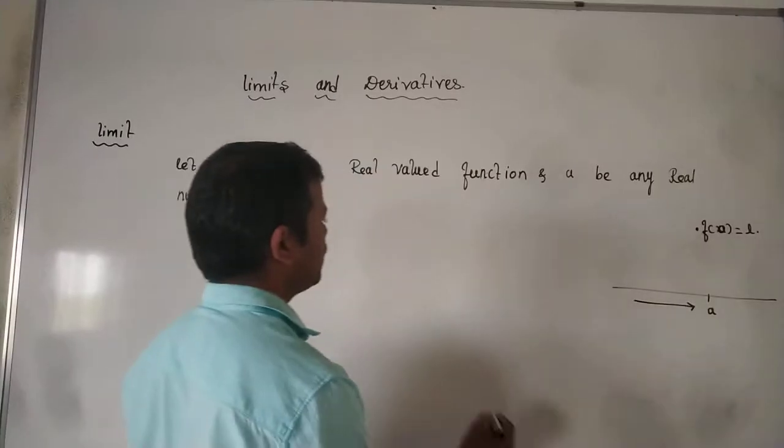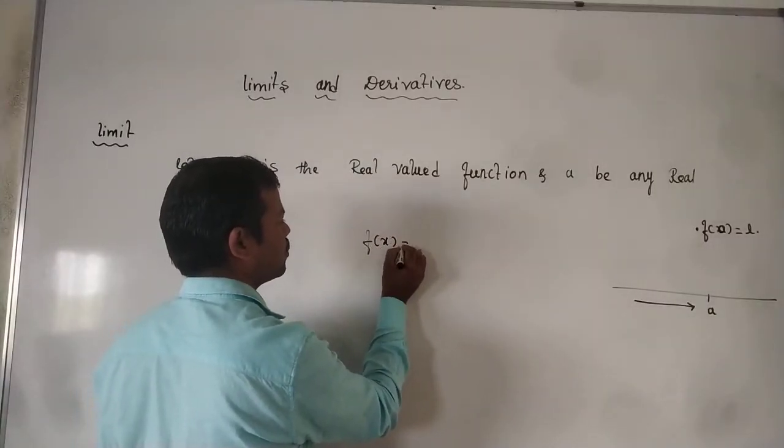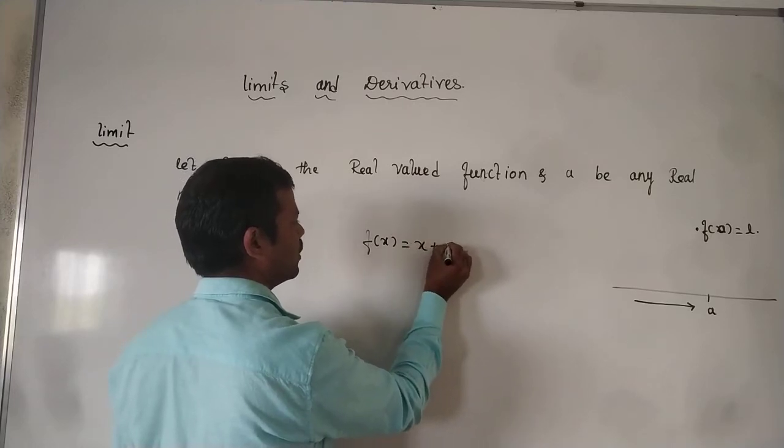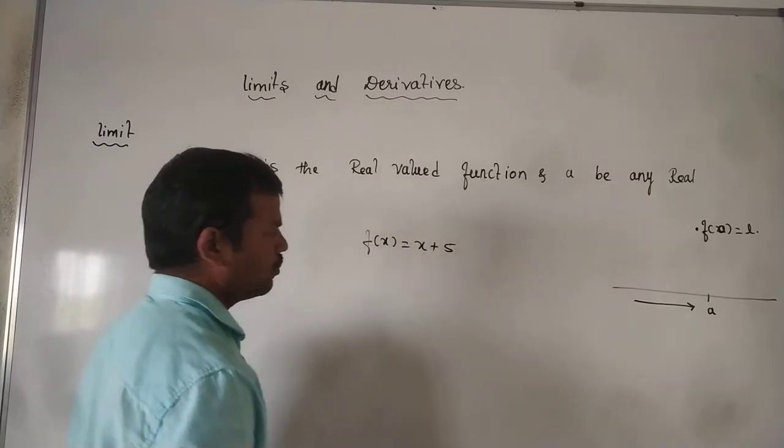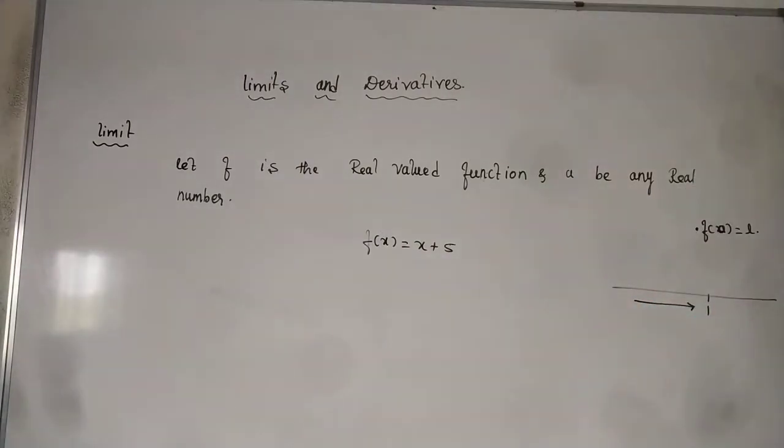ಫಾರ್ ಎಕ್ಸಾಂಪಲ್ we can move with the example f of x is equal to x plus 5 ಅಂತ ಇದನ್ನು ತಿಳ್ಕೊಳ್ಳಿ. ಸೊ ಲಿಮಿಟಿಂಗ್ ಪಾಯಿಂಟ್ ಈಗ ನಾವು 1 ಅಂತ ಫಿಕ್ಸ್ ಮಾಡಿದೆ. ಈ 1 ಅನ್ನ ಎರಡು ಕಡೆನೂ ಅಪ್ರೋಚ್ ಮಾಡಬಹುದು. ನೋಡ್ರಿ ಏನಾಗುತ್ತೆ.